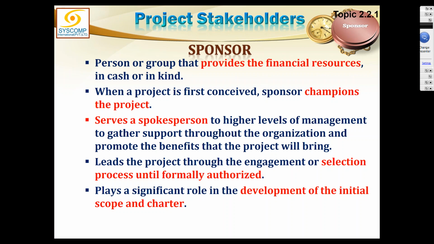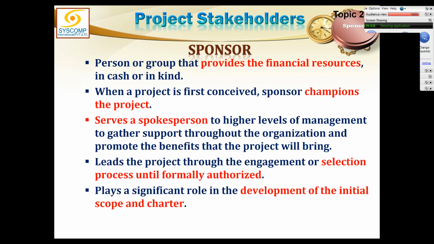This person whom I am calling the project initiator or sponsor is the person from within the organization. The organization has made him responsible for the project, and he is providing the project manager with his orders, with his charter, with all his permissions, financial resources, and all the check and balance system.